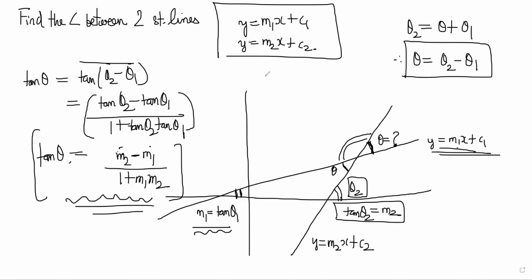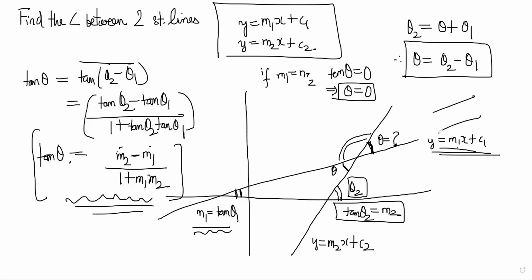Now from here we can deduce several things. We can say that if m1 is equal to m2, then tan theta is equal to 0, which means theta is equal to 0, or the angle between the lines is 0. That doesn't make sense because lines that intersect cannot make a 0 angle. That means the lines are actually parallel.